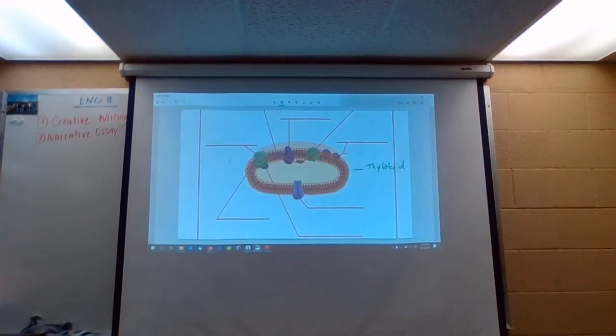All right, and so what you'll see is a couple different things. You'll see these little green blobs, okay? They're green because they've got the chlorophyll in them. And you're going to see this red line right here, okay? We're going to label that.